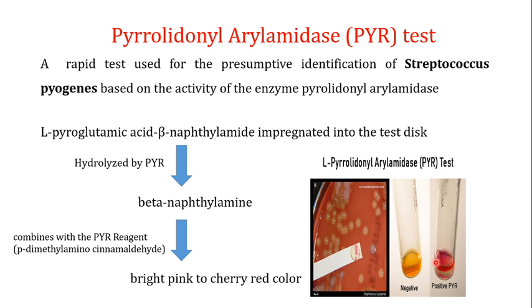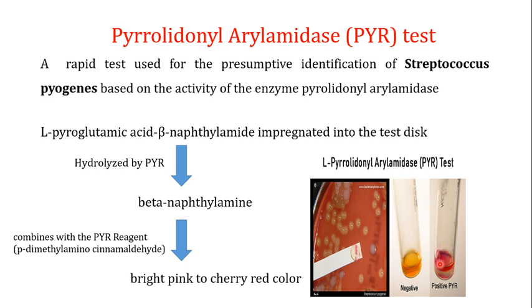So if the organism, like Streptococcus pyogenes in this case, has the PYR enzyme, it hydrolyzes the compound into beta-naphthylamine, and when that is exposed to the PYR reagent, you get this cherry red or bright pink color.